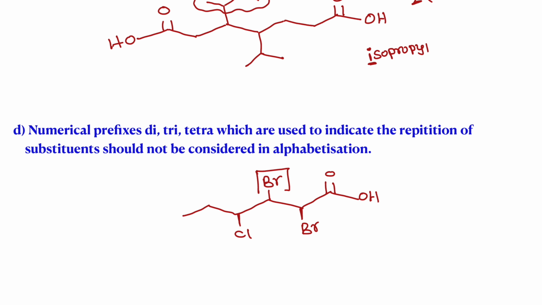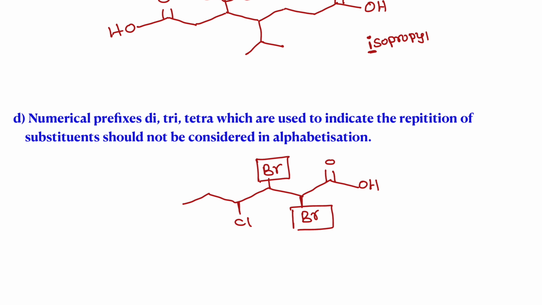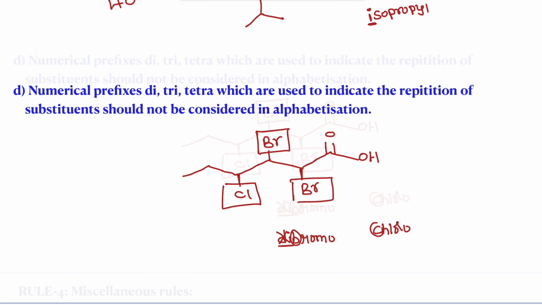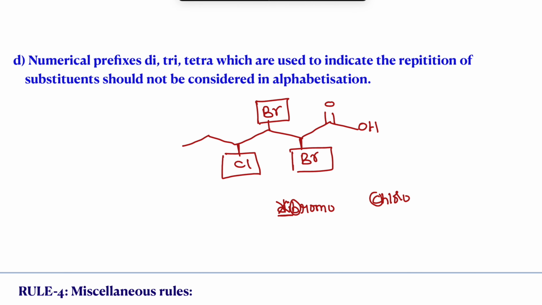So here we have one bromine, here also we have one bromine. Due to the presence of two bromines, generally we say dibromo, and here this is chloro, so that is C. But this numerical prefix should not be considered. We have to consider only B of bromo, C of chloro. So these are the four sub rules of alphabetization.